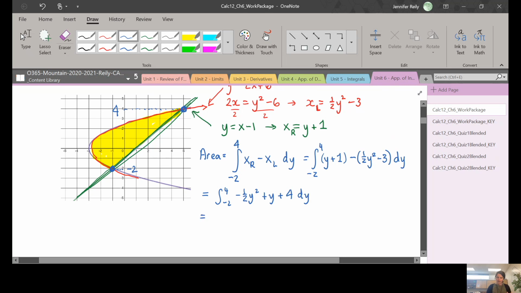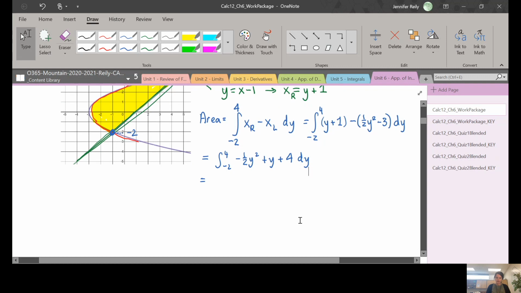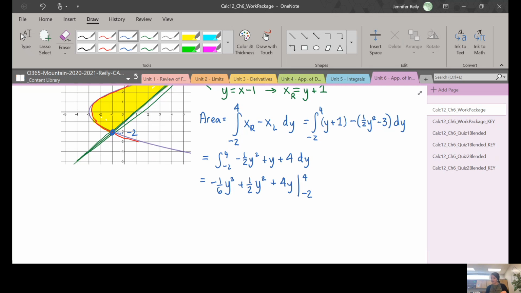Okay, now it's time to do the antiderivative. So for the y squared term, the power will be bumped by 1, and then we divide by 3. So the 1/2 gets multiplied by 1/3, so it makes 1/6. For the y, bump the power up by 1, divide by 2. And for 4, it becomes 4y. And we're going to evaluate at 4 and -2. Okay, just going to make sure I don't make any mistakes here.